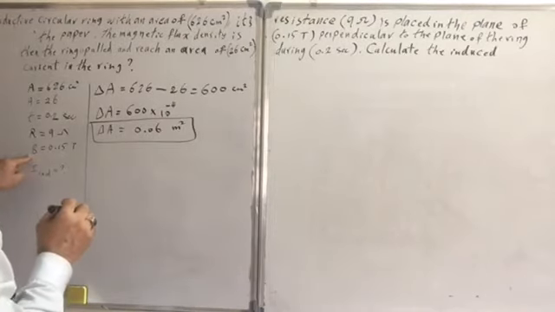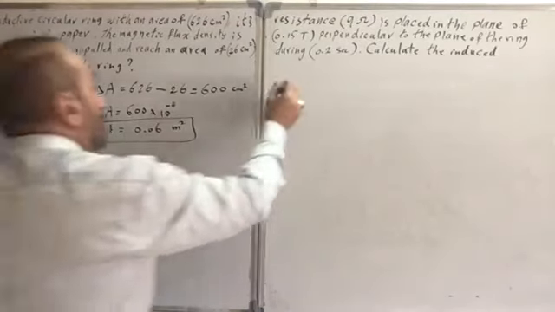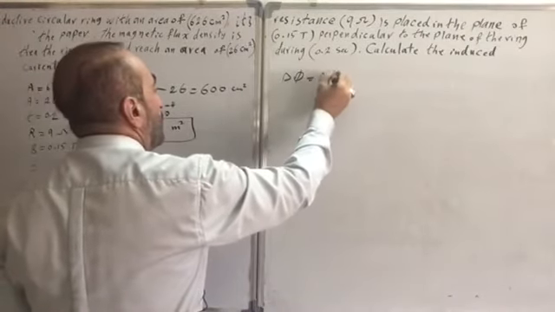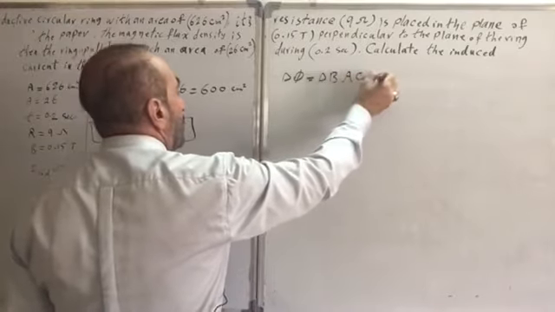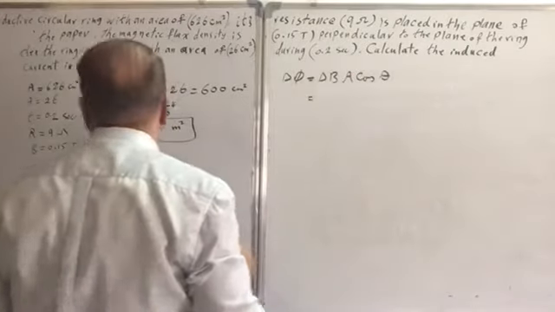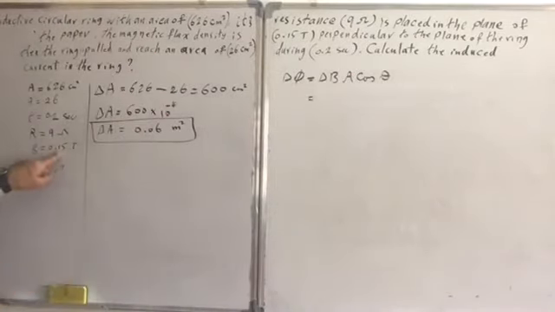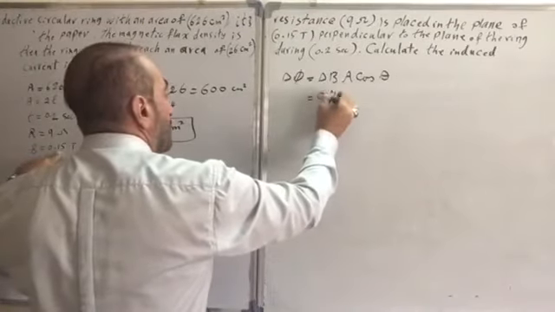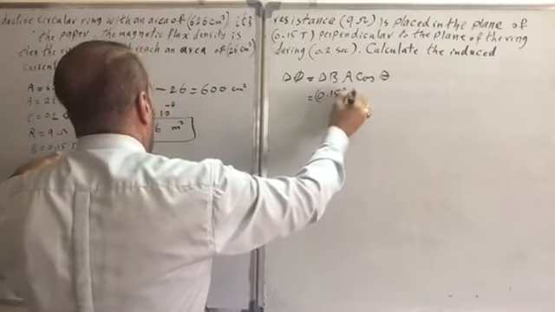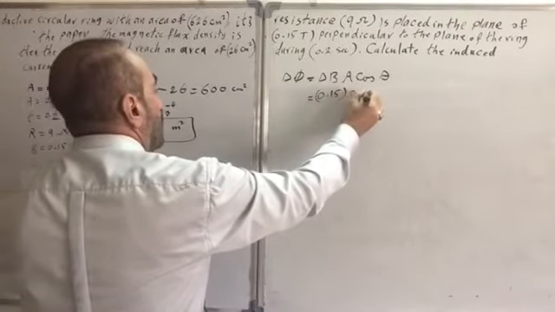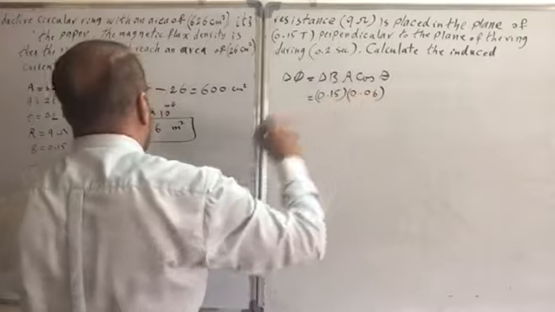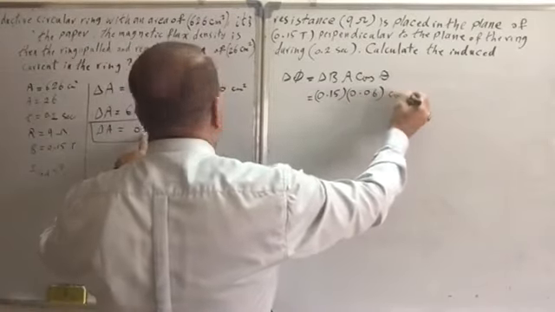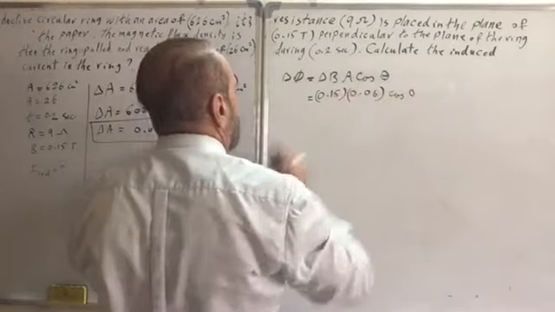Then we should find out delta phi equal delta B A cosine theta, equal 0.15 Tesla times A, 0.06, cosine 0.